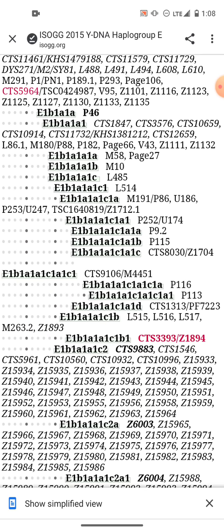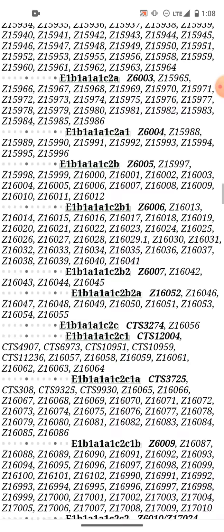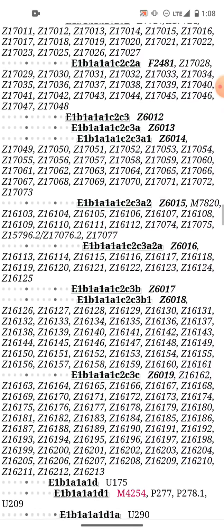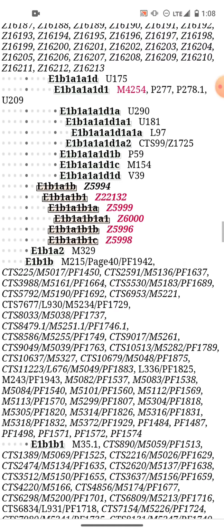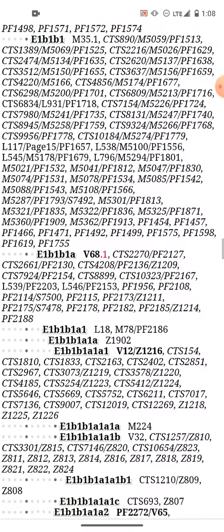So for Judah and Levi, we'll just scroll down the page to see if they have any information telling us why.